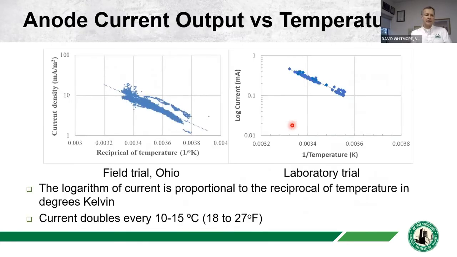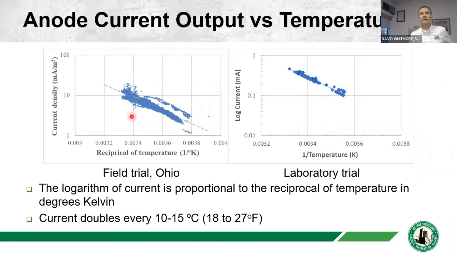Considering the time here, I just want to make sure we get through and talk a little bit about temperature. Temperature is a really important factor, and current output from anodes varies a lot with temperature, and you can see that in the field data.